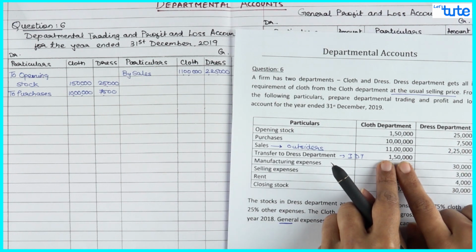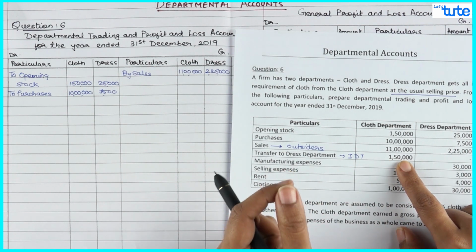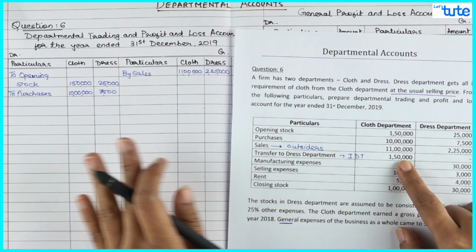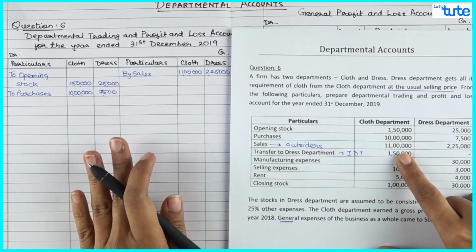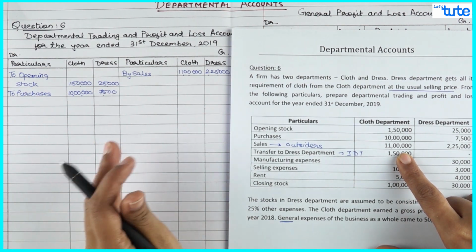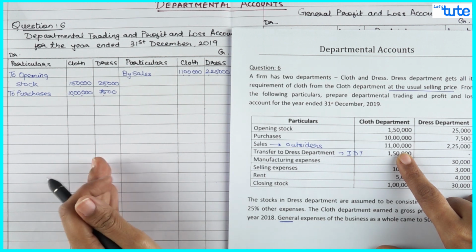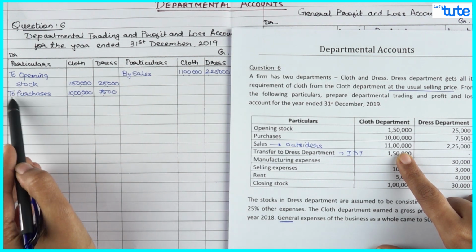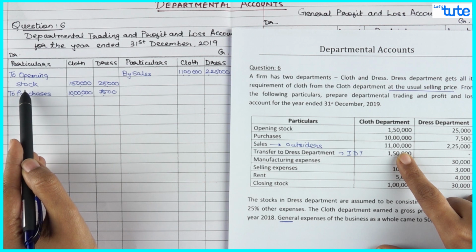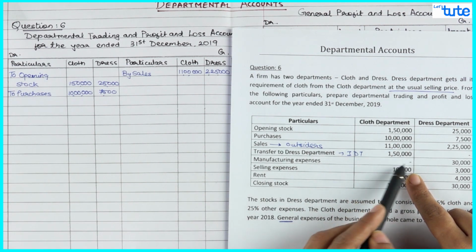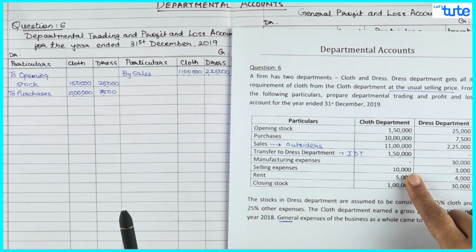So this sales is also at the selling price. So that would be credited to cloth department because cloth department is transferring some goods, and it would be debited to dress department because dress department is receiving those goods. So for dress department it is as good as purchases. For dress, these purchases are from the outsiders, and this 1,50,000 purchase would be from the other department.